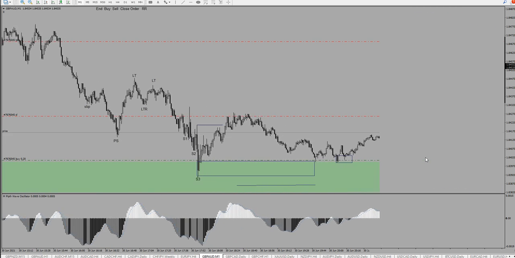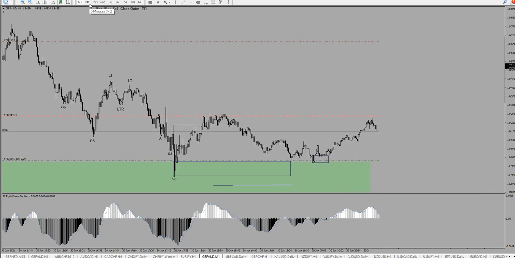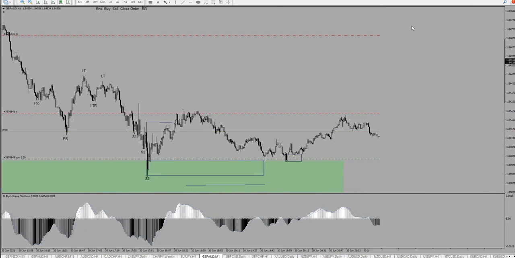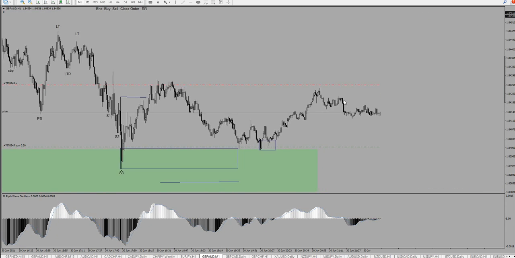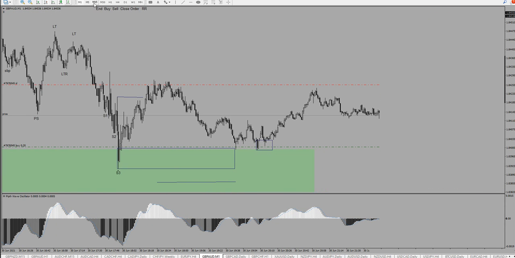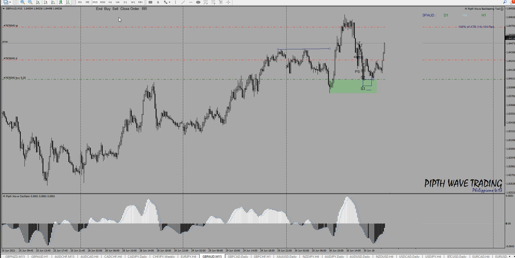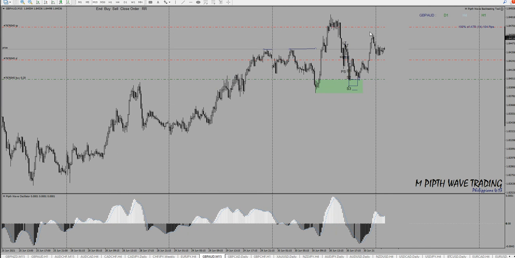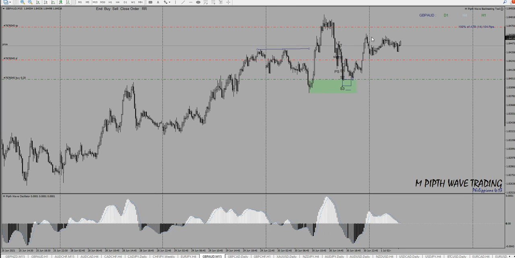Let me just, I am using a backtesting tool, so let us go to 15 minutes to make the price movement faster. Okay, so price reached this level, and right now it's here.